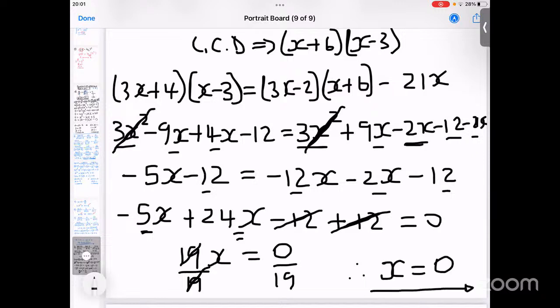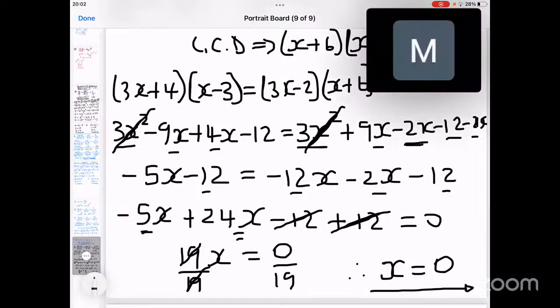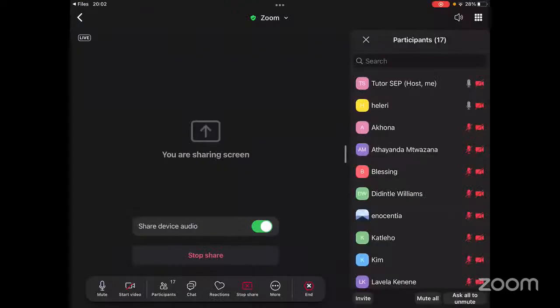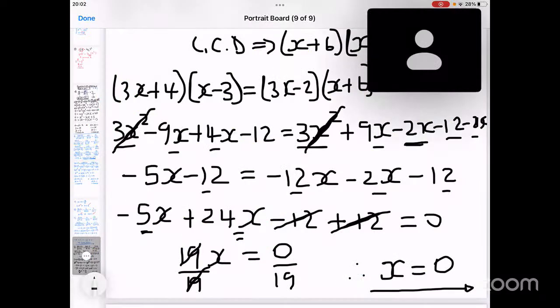Okay, now I'm starting to get worried. You guys got no solution and I'm getting 0. Did I make a mistake somewhere? Sir, tell me if I made a mistake somewhere. Doesn't it mean that it has no solution? Like x being 0 means it has no solution.